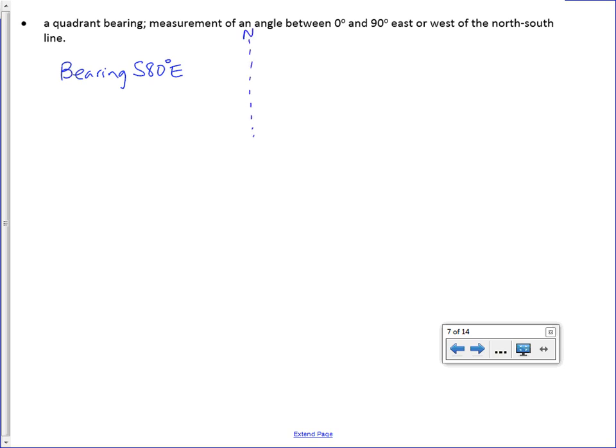So north. I say, okay, I'm going to draw this angle. The first direction tells me to start going in that direction. Start going south. Then go 80 degrees towards the east direction. So south, and I want to go 80 degrees towards the east. So that would be my vector.